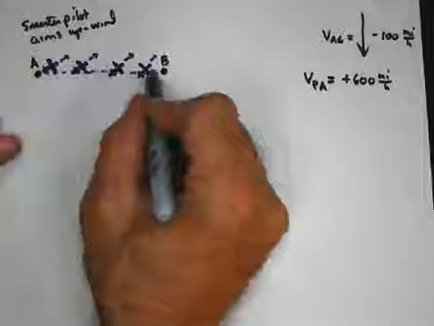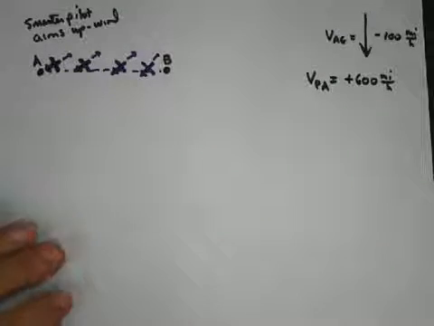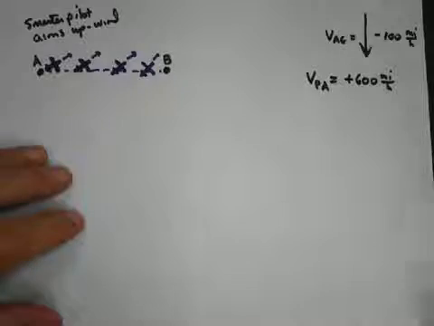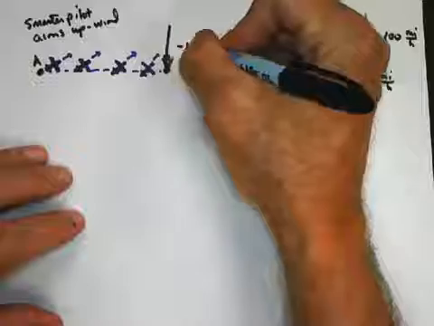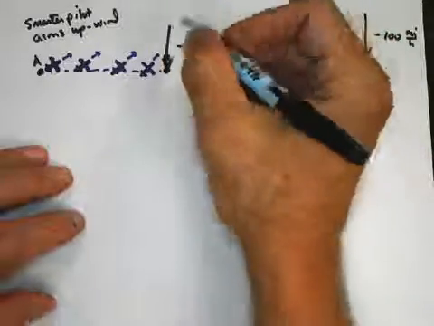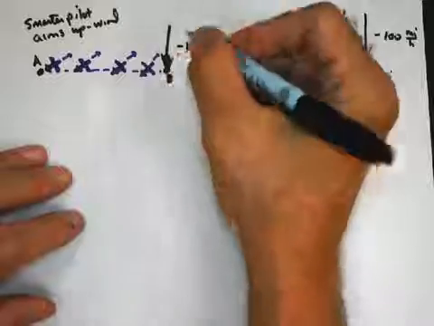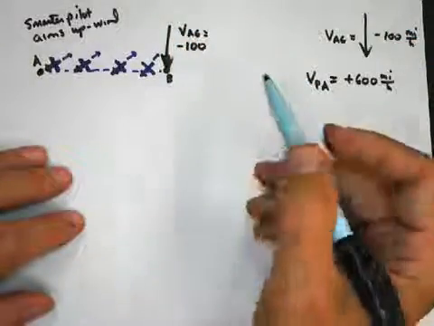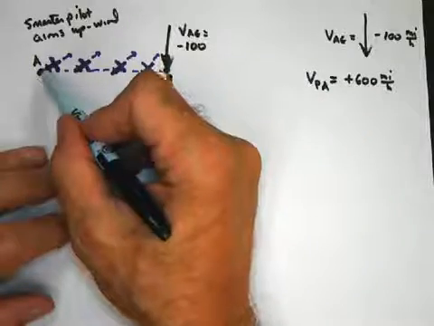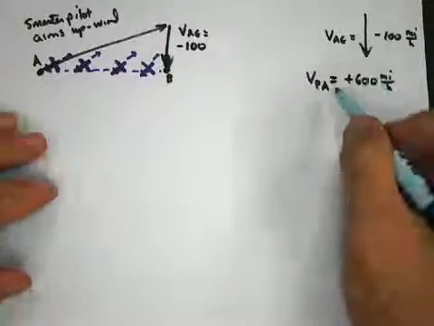Well, let's draw another vector triangle here. This time we have our negative 100 pointing from A to B like that. This would be the velocity of the air with respect to the ground. And then we have our 600 mile per hour velocity of the plane with respect to the air here.